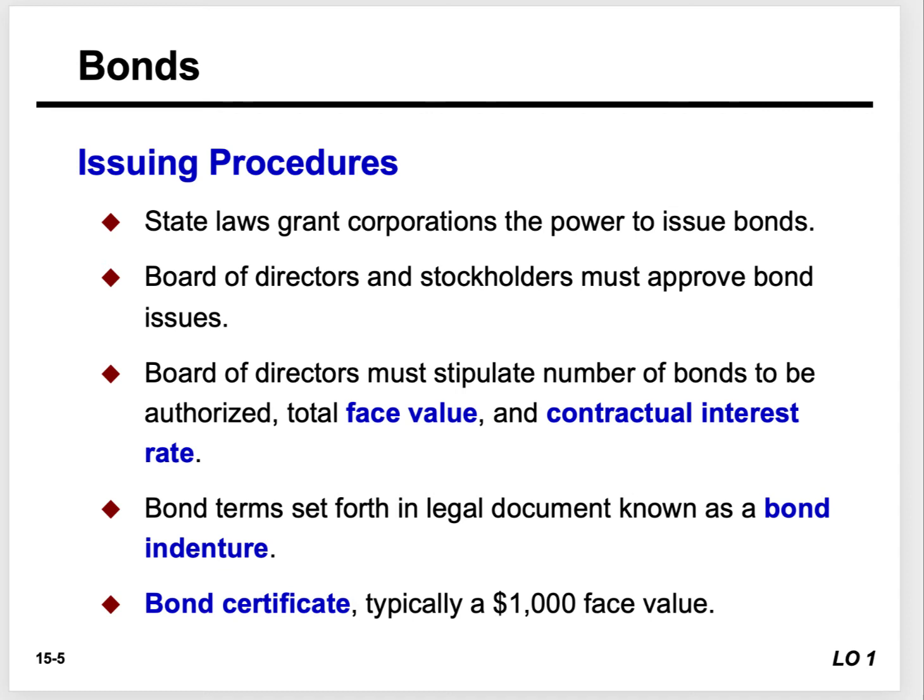That's number one, okay? Number two, just like with dividends, remember we said the board of directors need to declare dividends. The same thing happens with bonds in the sense that the board of directors, as well as the stockholders, have to approve the issuance of a bond.